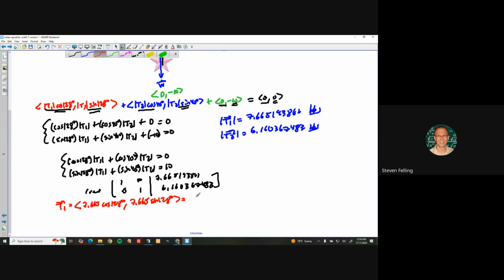And if you use the unrounded numbers, this comes out to be, I'm going to now round it, negative 4.719 for the x component and 6.040 for the y component, and that's in pounds. Right? The other wire, tension 2, as a vector, is its magnitude 6.160 times cosine of its angle of 40 degrees, magnitude 6.160 times sine of 40 degrees.